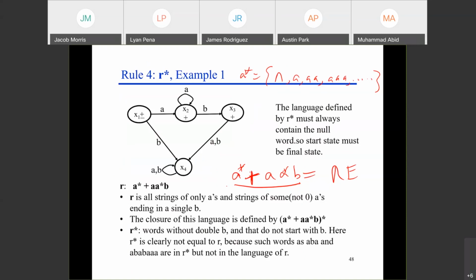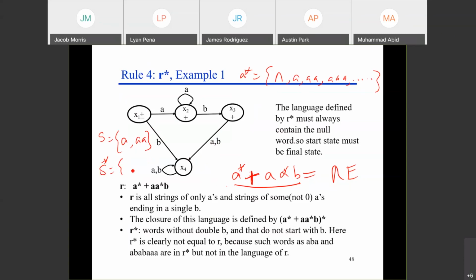Okay? But you know one thing, let's say I have a language which will only accept two words, A and AA. Okay? And now I am asking you, can you please find the S star of that?